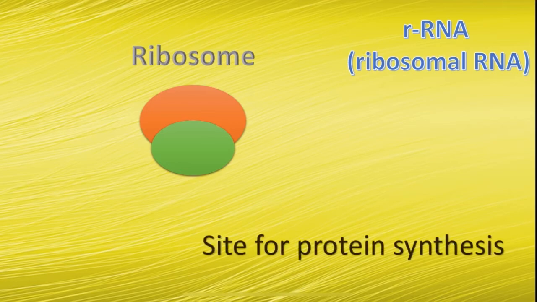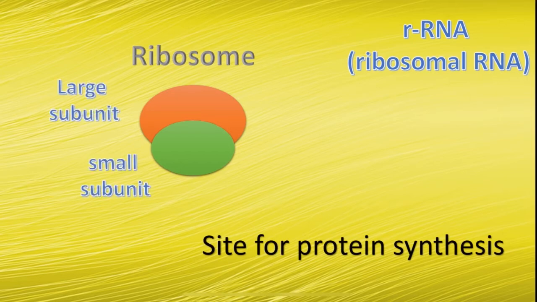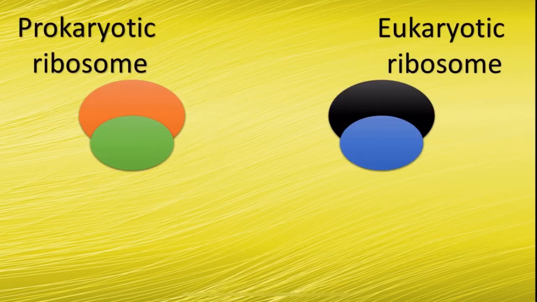It is a site for protein synthesis because at the time of protein synthesis, that is translation, the mRNA will join with the rRNA, but the major joining portion is with the ribosome. The ribosome contains two subunits. One is a large subunit, another is a small subunit.